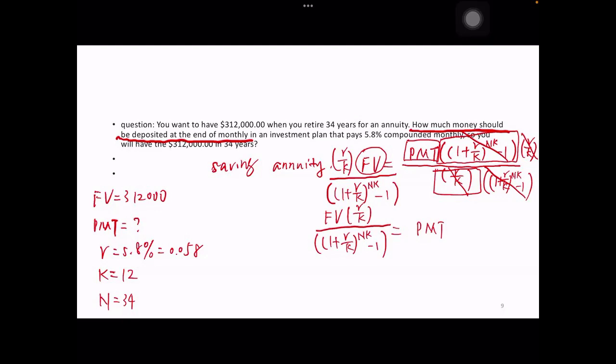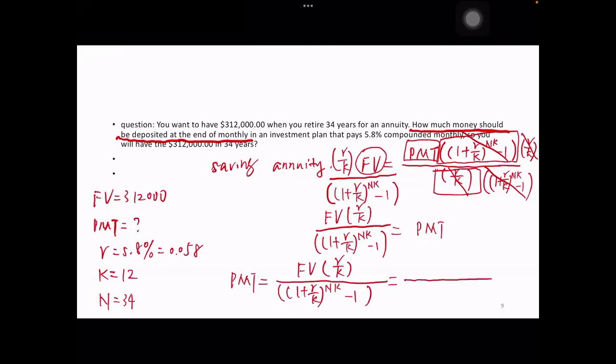Let me rewrite it again. Payment equals fraction line, future value times R over K, divided by outer parentheses, inner parentheses, 1 plus R over K raised to the NK power minus 1, close outer parentheses. Then we plug in the numbers we already have.